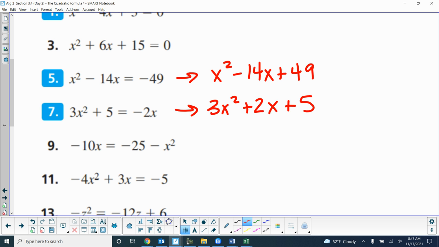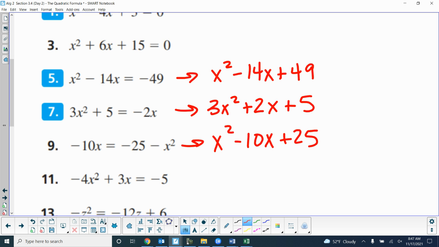So your B value is positive 2. Okay? I would, on this one, I would bring the x squared over to make it positive. But if you take the 10 to the other side, it'll still work out. All right, so the x squared and the 25 become positives.